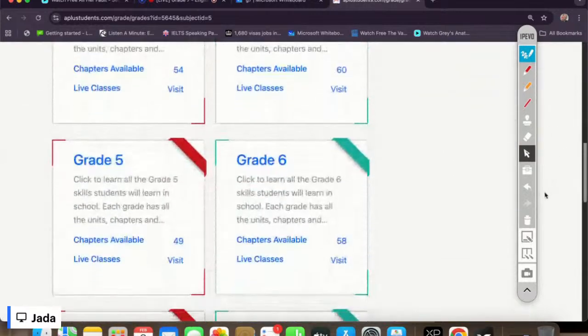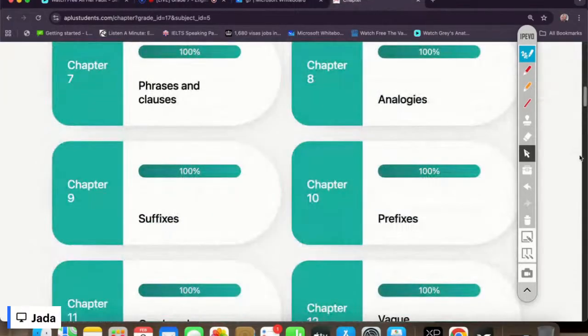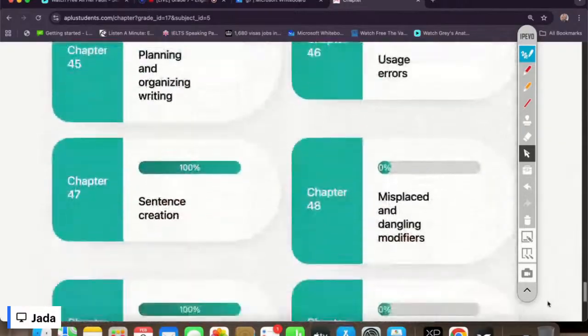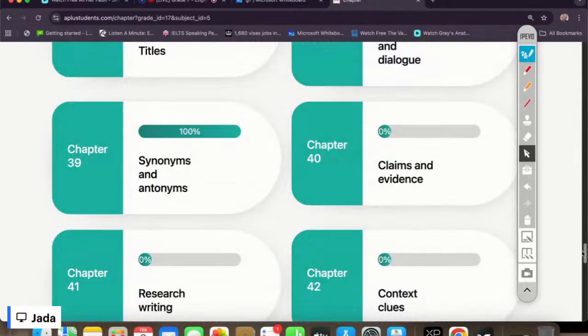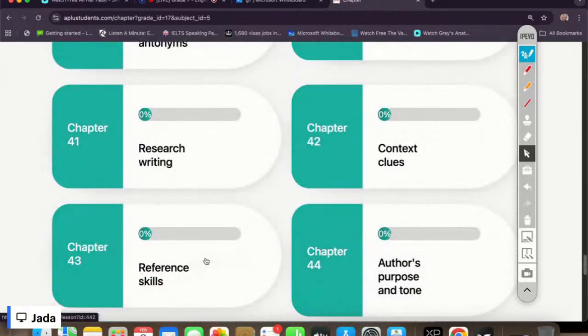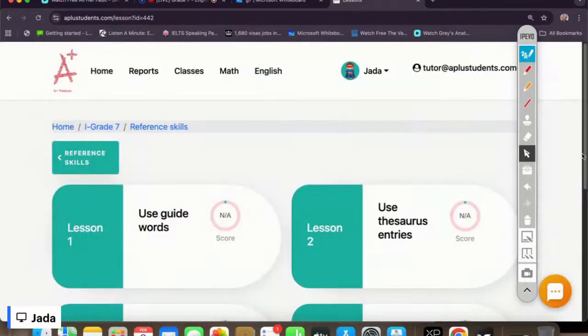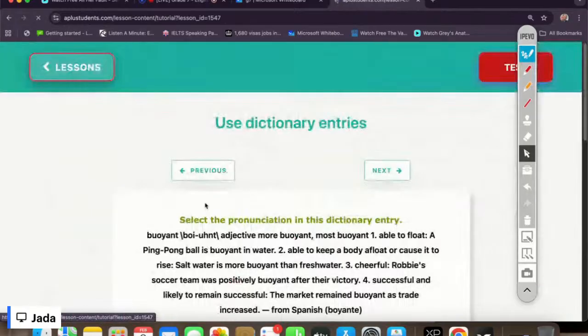You scroll down here and you go to grade 7 and we scroll down to reference skills. So we did the first two lessons, so we'll move on to the next three. We'll start with use dictionary entries.